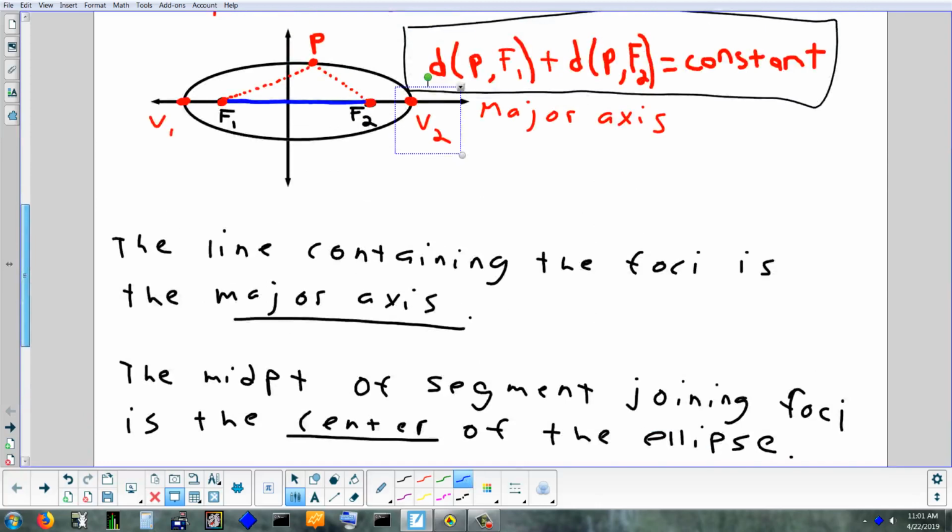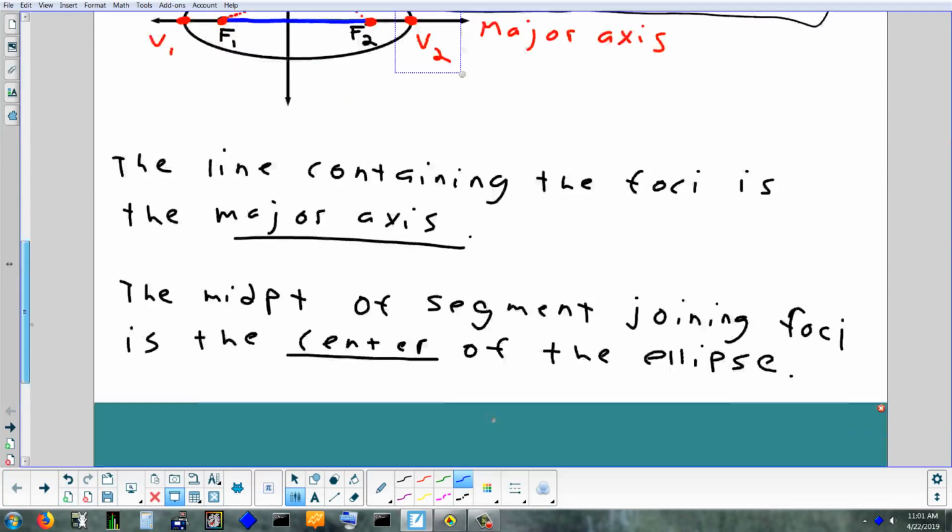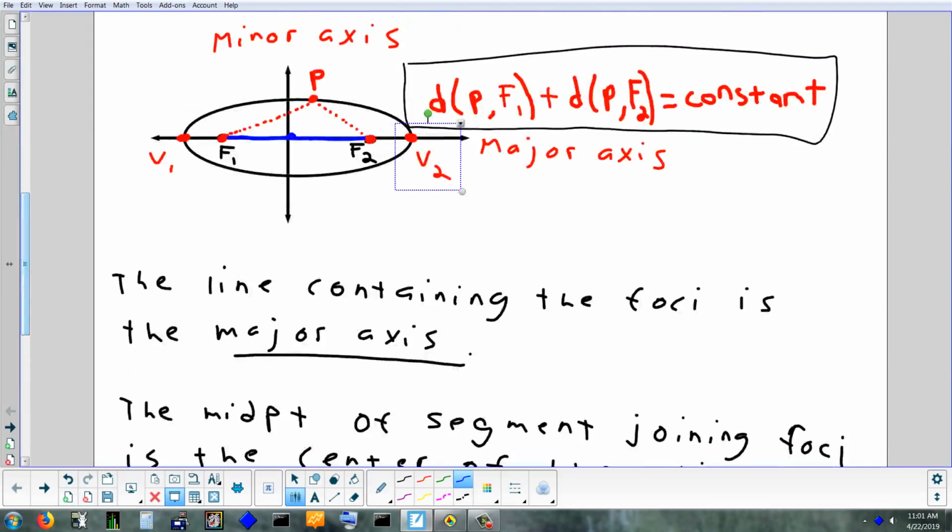It's the same thing. The way our book defines it, the center is the midpoint of the segment that connects F1 and F2, and that would be right here. The center can be at the origin, which is where it'll be when we start, or we can shift it up, down, left, right.